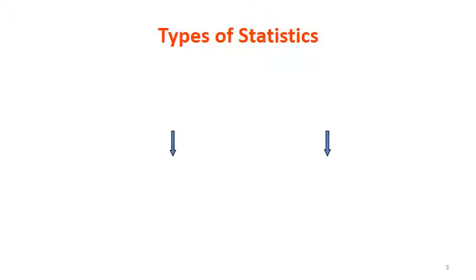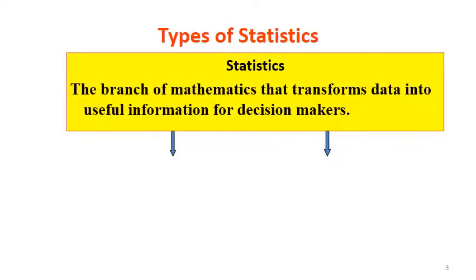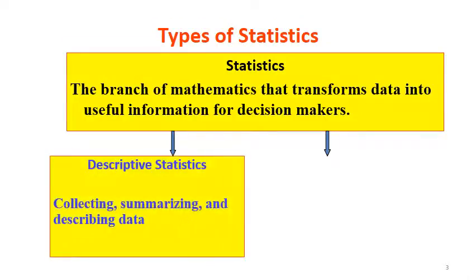So before we move on, let's talk a little bit about statistics. Now, what is it all about? It's basically a branch of mathematics that transforms data into useful information for decision making. And there are two branches. One is the descriptive statistics, where we describe using summary and basically talk about the sample.